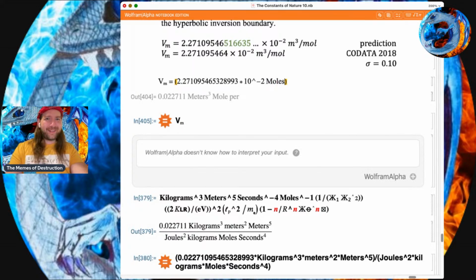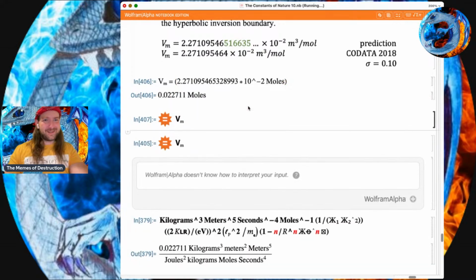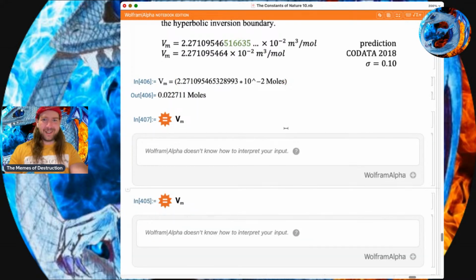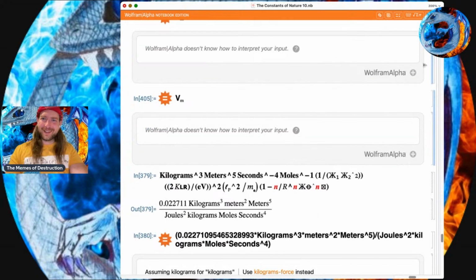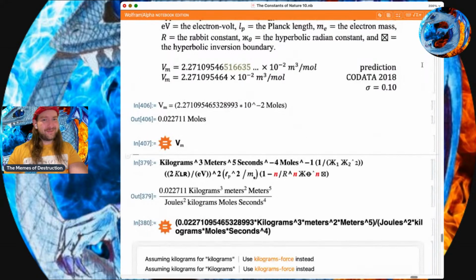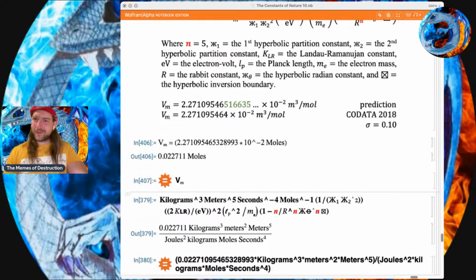What? Just moles. Is Wolfram out? Okay, there's gotta be something wrong here. This is very annoying. Wolfram Alpha knows moles. I'm looking at it right here. I mean, come on. Molar volume, what are some other words? Relative volume. I'm gonna try molar volume.